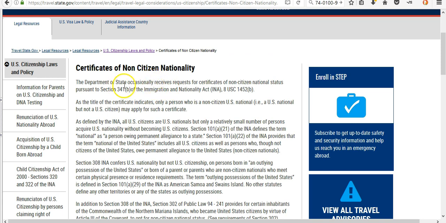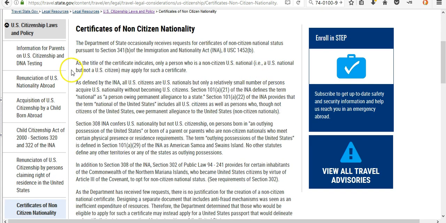They say the Department of State occasionally receives requests for certificates of non-citizen national status pursuant to Section 341 of the Immigration and Nationality Act. That's something to look into too.